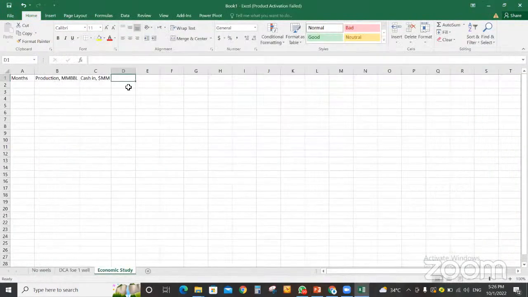So here we will have CAPEX, also in $1 million.